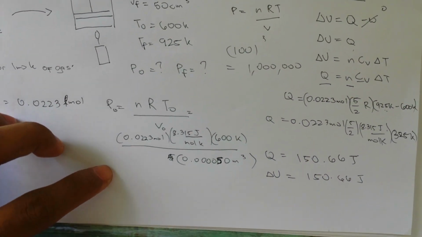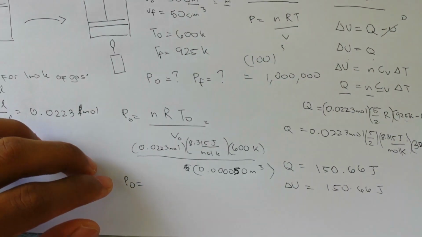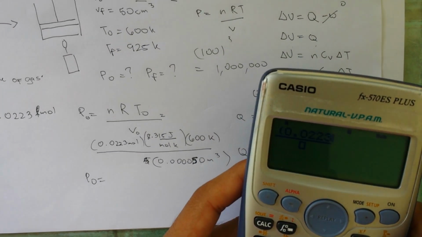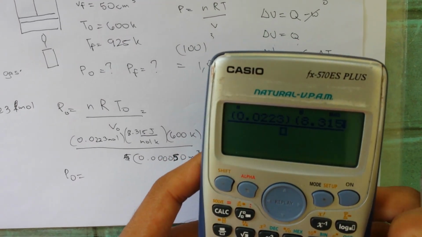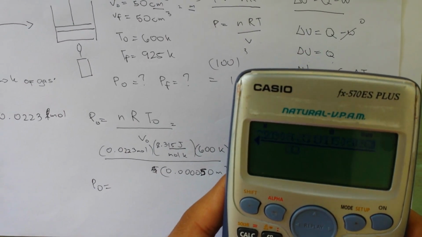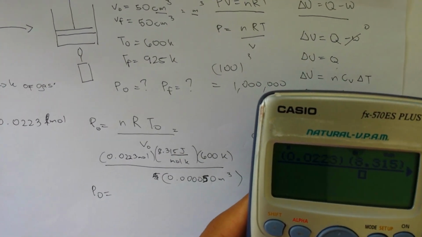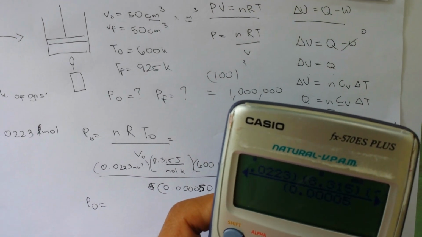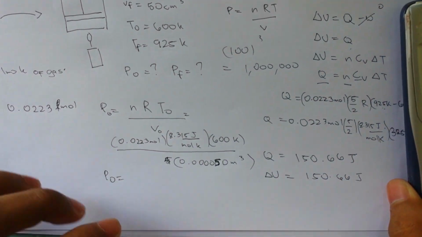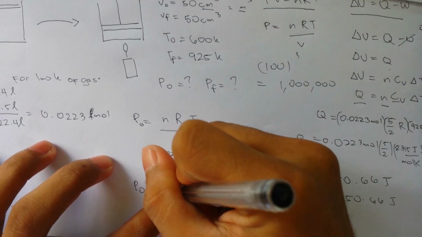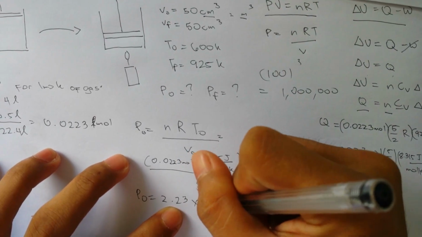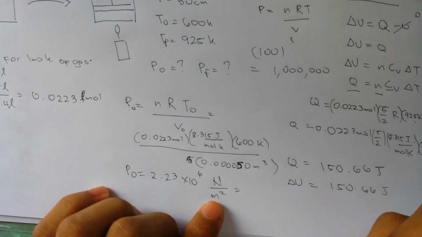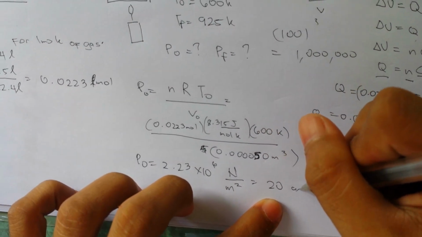So we're gonna compute this: 0.0223 multiplied by 8.315 multiplied by 600 divided by 0.00005 is equal to 22.23 times 10 to the 6 Newton per meter squared, and it's equivalent to 20 atmosphere.